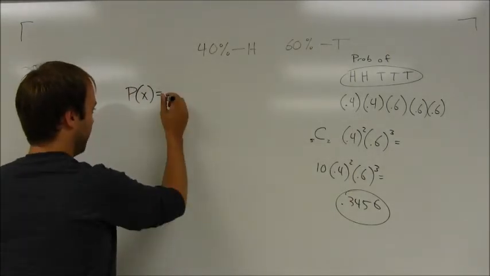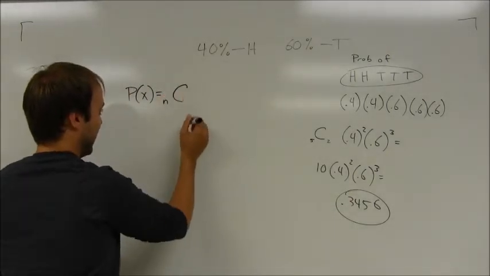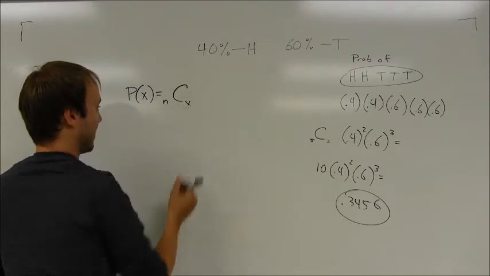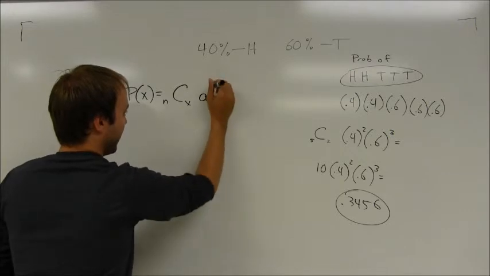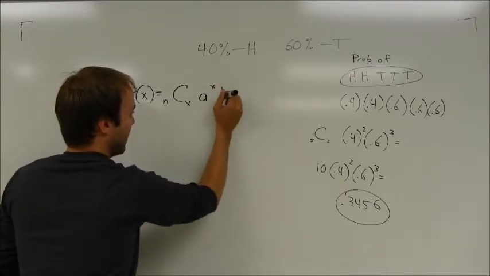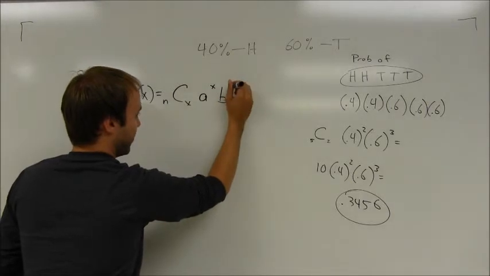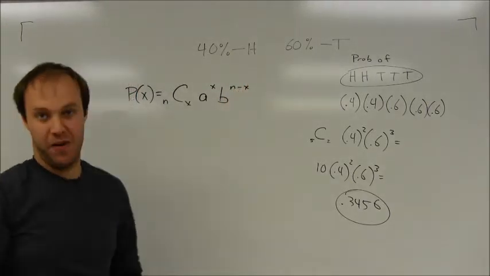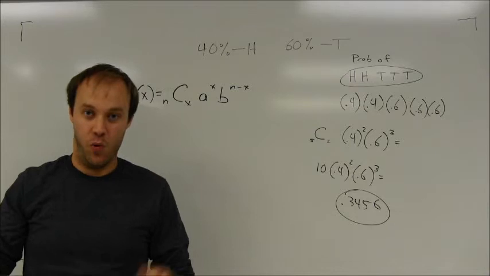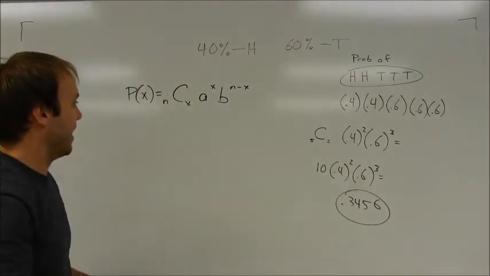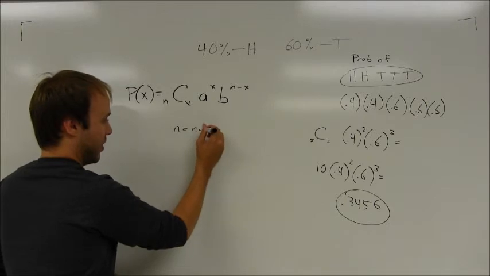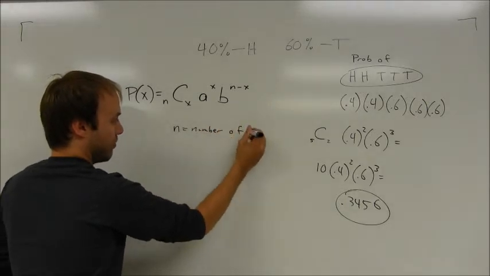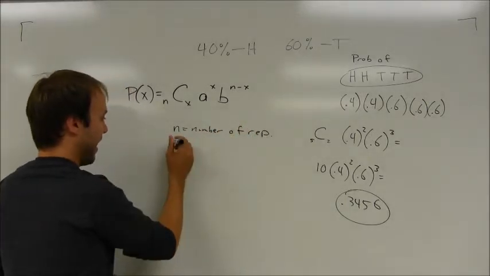It's equal to n taken x at a time, times a raised to the x power, times b raised to the n minus x power. And if you look at this and say, whoa, what are all these numbers here? Pretty simple. N is the number of repetitions.